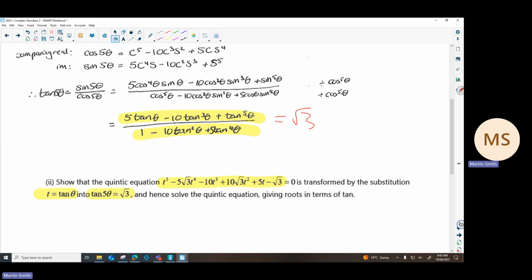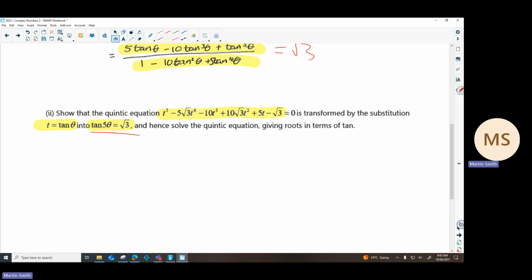But I'm going to do some rearrangement first, and then I'll replace t with tan theta in a minute. The rearrangement I'm doing is really inspired by this. I'm going to make root 3 the subject of this equation. So you'll see at the moment you have got 6 terms. 3 of them have got root 3s and 3 of them haven't. I'll get the root 3 terms on one side.